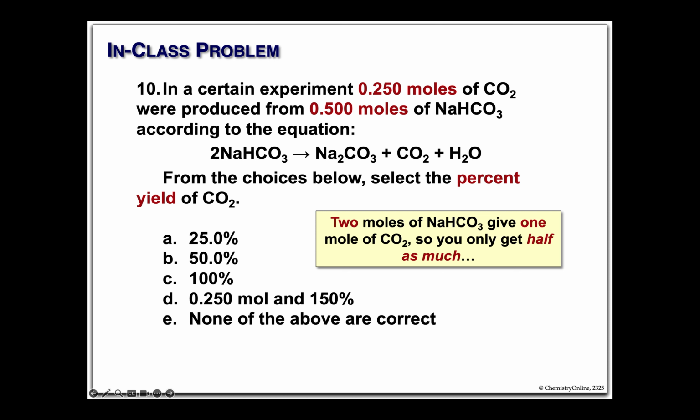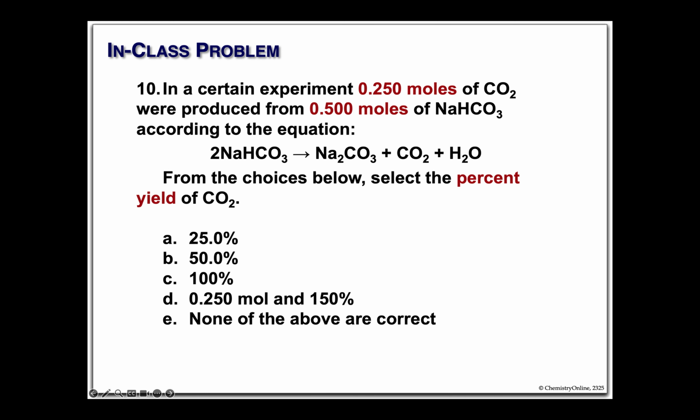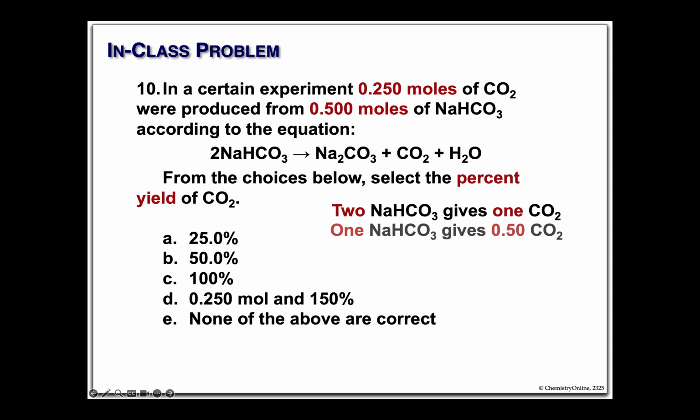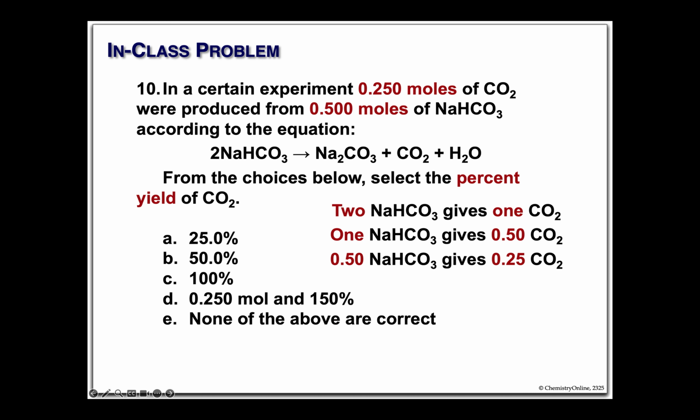So half as much. If we had 1 mole of this stuff, 2 of these, we would get 1 CO2. 1 of these would give us half, 0.5 would give us 0.25. By George, that's what we got. That's 100% yield. Now, many of you got like 103%. That's good. That's good. Any questions?